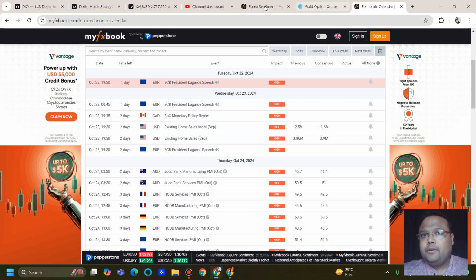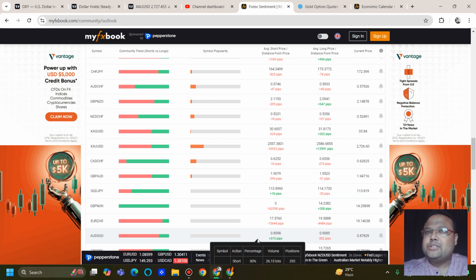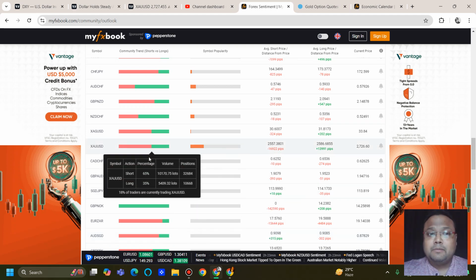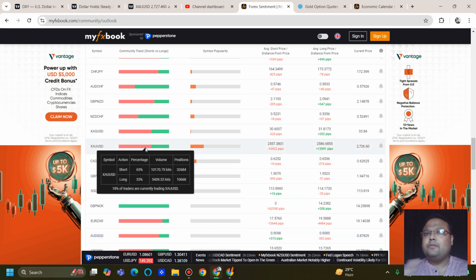And if we look at the Forex sentiment meter, we can see a change in these numbers. It was around 50-50 a couple of days ago, but now we can see that retail traders are jumping on the sell positions again. 65% of retail traders are on the sell side and 35% are on the buy side.